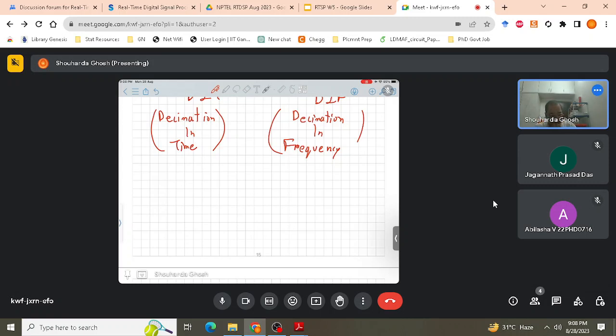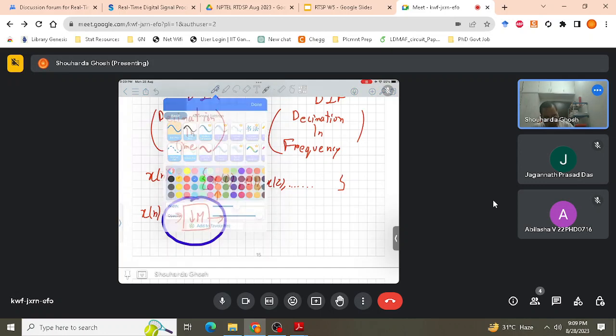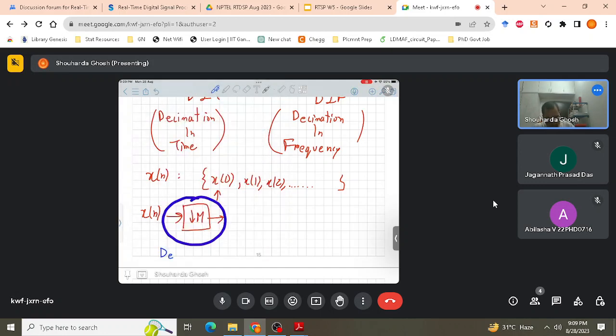Okay, so let's say you have a signal x of n. So you write it as x of 0, x of 1, x of 2, so on, infinite number of samples. Okay, now this block that I have encircled over here is called a decimator block.